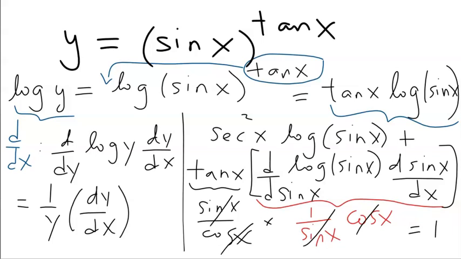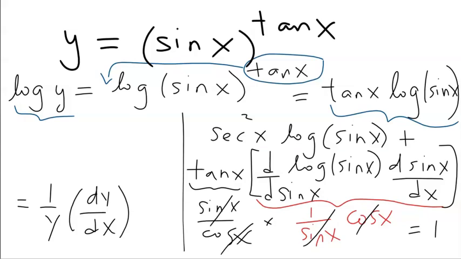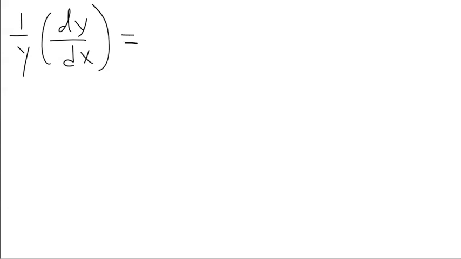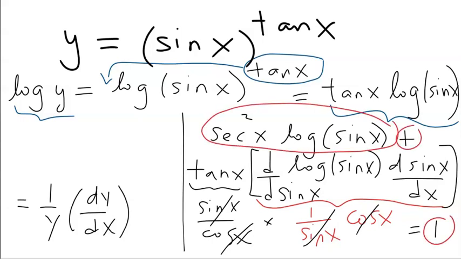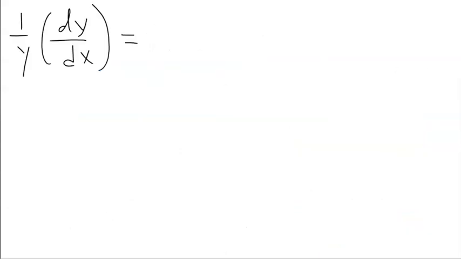So what is the total result of this derivative? The left hand side is 1 over y dy/dx. The right hand side has two factors. One is secant squared x log sine x, plus 1, because the second term on the right hand side is actually 1.